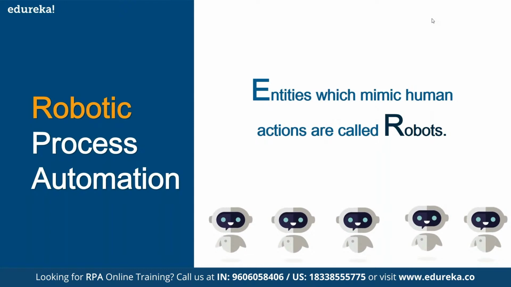But automation means completing a particular task with minimal or no human intervention. So the work which is currently being done by a human, if I say no humans, then who will do it? That work is done by a robot here, right?